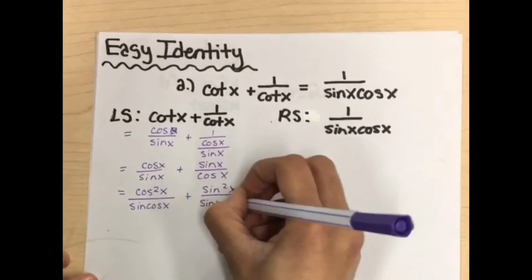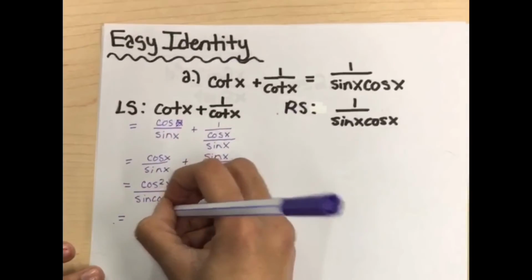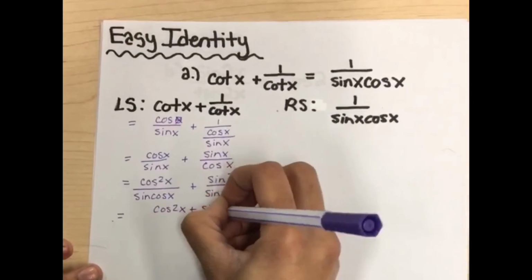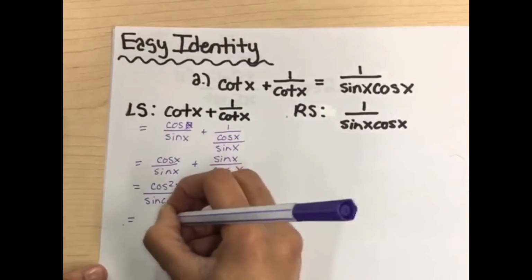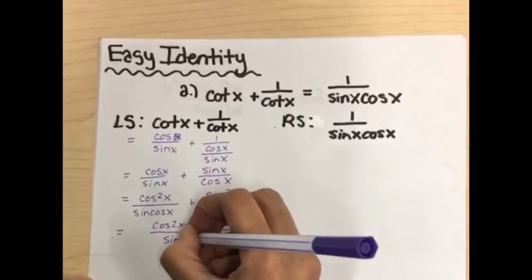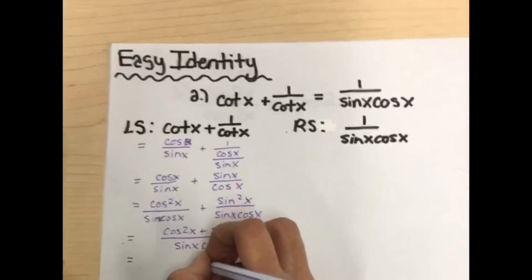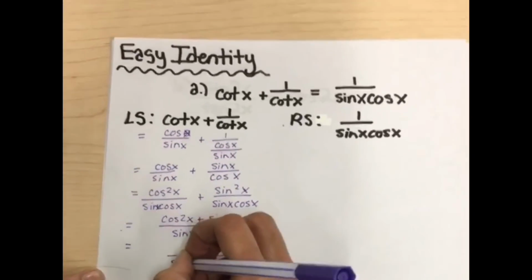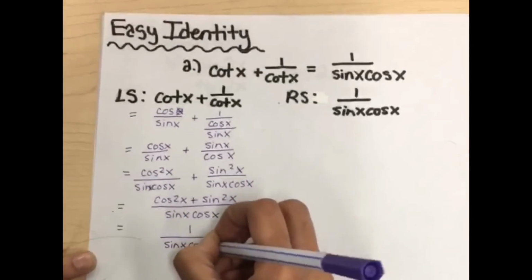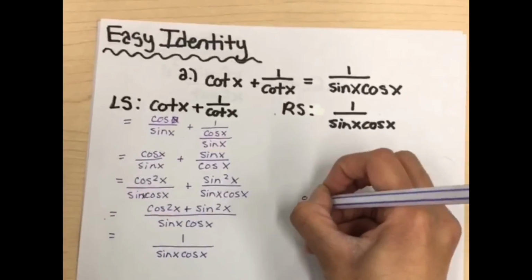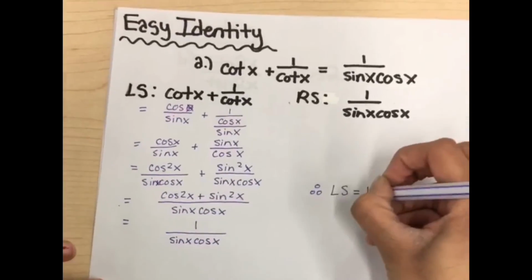This leaves us with cos squared x plus sine squared x over sine x times cos x. If we remember our Pythagorean identity, we know that cos squared x plus sine squared x simplifies to 1. And guess what? You're done. The left side now equals the right side.